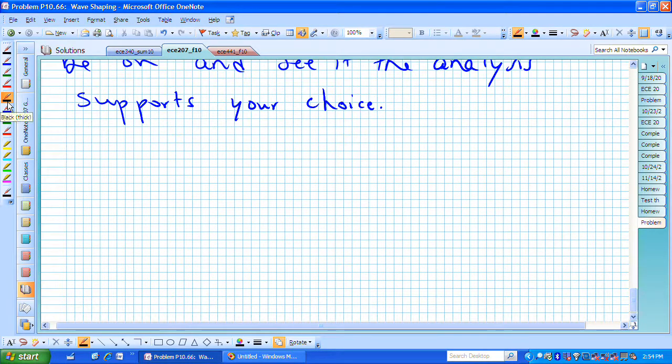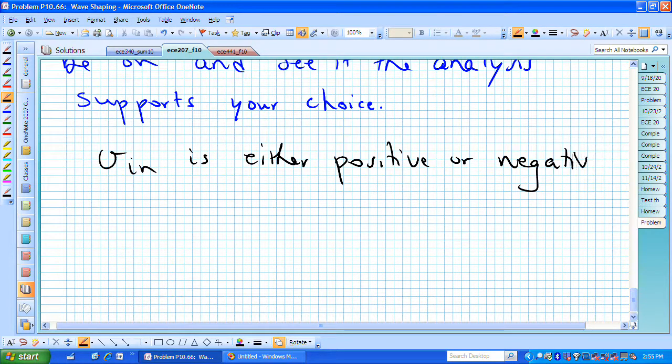Let's now remind ourselves that Vn is either positive or negative. And we don't know which one it's going to be. Let's just pick one, or we have to look at it in both scenarios, but we don't know when we pick it to be positive which of the diodes might be on or off, or if we pick it negative which other combination is true.